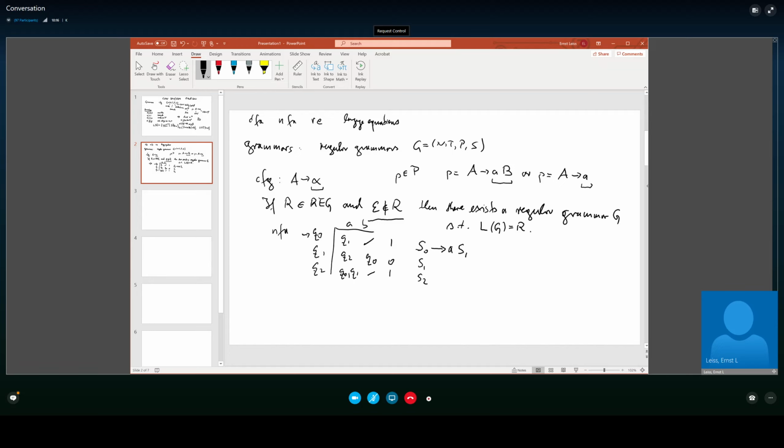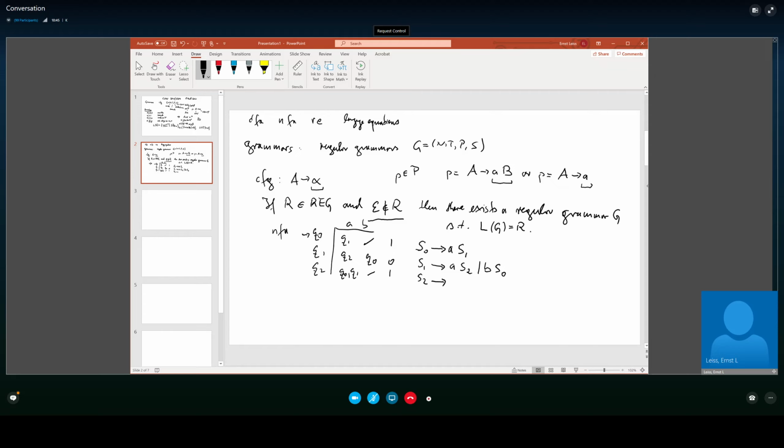And then a similar situation for Q1. We have a S2, which corresponds to Q1 under a going to Q2, or b S0, which corresponds to Q1 under b going to Q0.